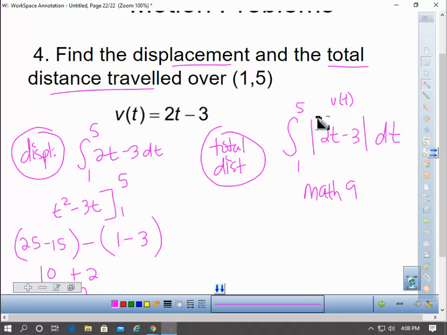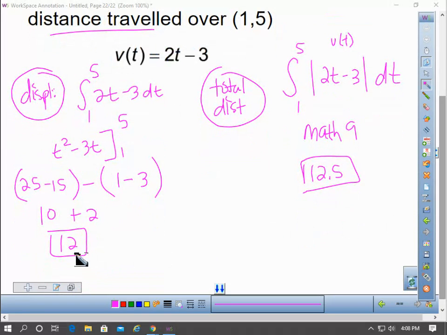If we just math 9 that, like we've been doing with all of our area problems, you're going to get the answer 12.5. Which means that we did a little doubling up, because the displacement from my original spot was 12. So I have backed up a little bit, 0.25, and traversed the same distance over that 0.25 twice.